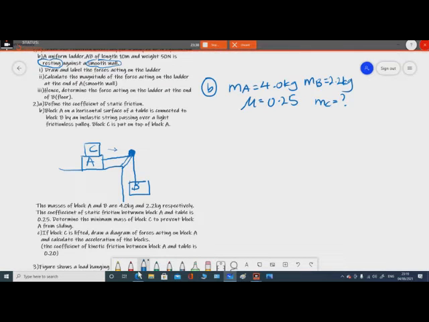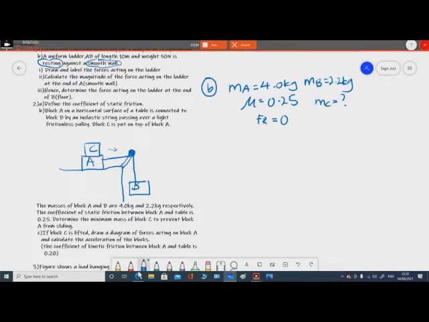If there is no translational motion, as we discussed in the previous video, the resultant force is equal to 0. How can we find the resultant force?